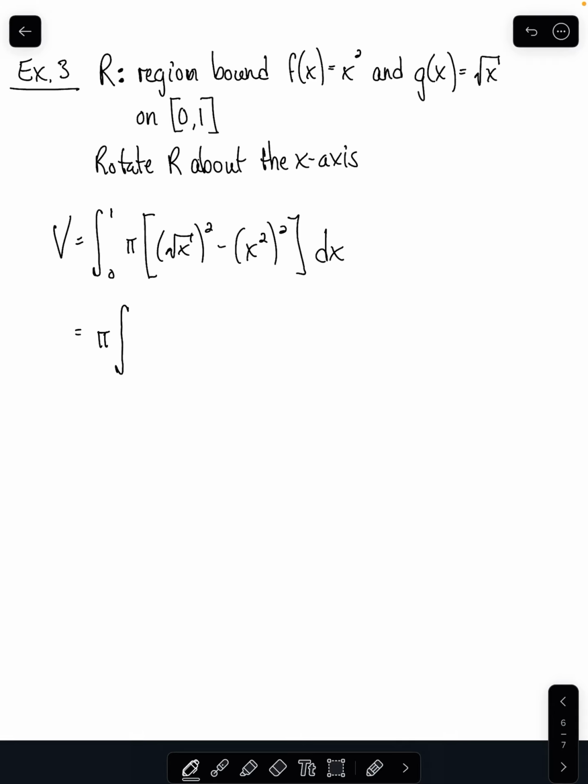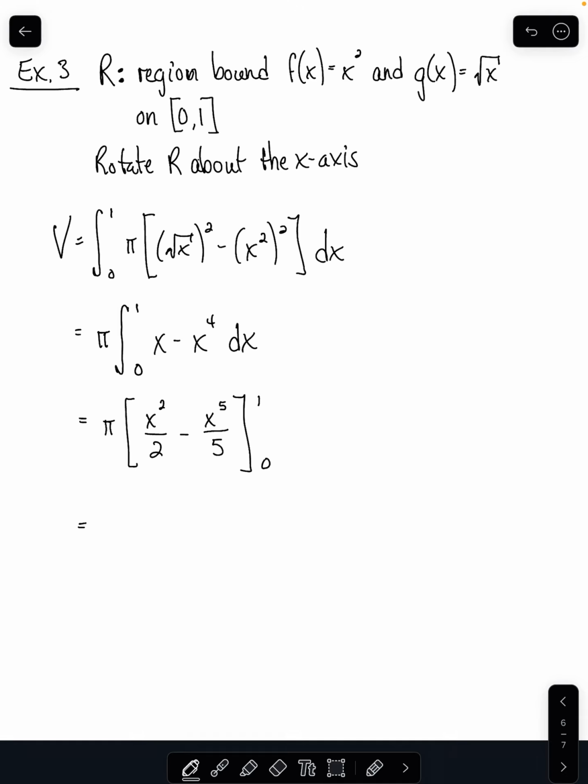As usual, we can choose to bring the pi in front of the integral. Inside, we can clean this up. The square root of x squared is x, and x squared is x to the 4th. The antiderivative is then x squared over 2 minus x to the 5th over 5, evaluated at 1 minus the evaluation at 0.